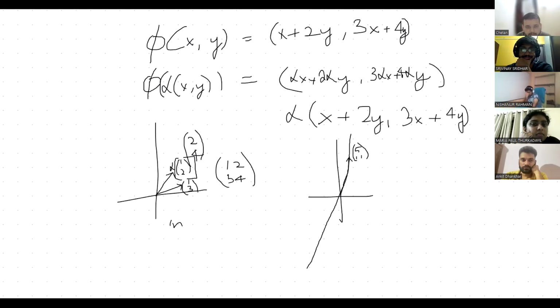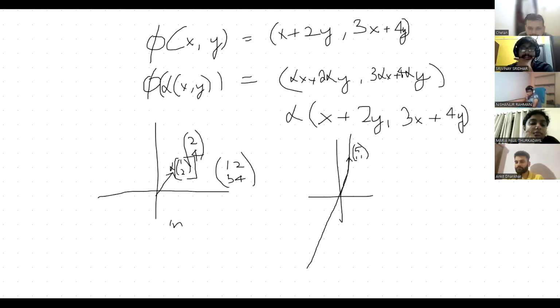What are you suggesting? 1, 3 and 1, 2. We have two vectors, we are taking the sum of both. Don't think about sums. I want to think about only one vector. So think about one vector and try to solve this.